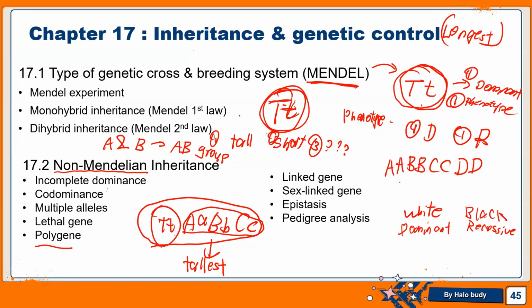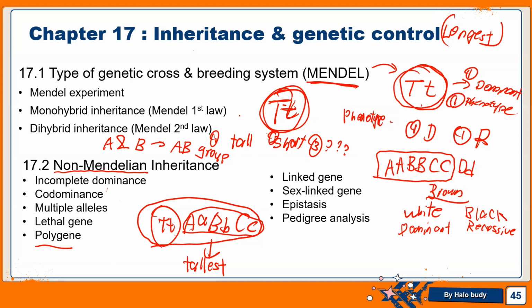Black, maybe the small one, all small. But if the gene content, if the DD gene becomes DD, a hybrid one, even though all of the AA, BB, CC are capital, it will totally change to another phenotype, maybe brown skin color.